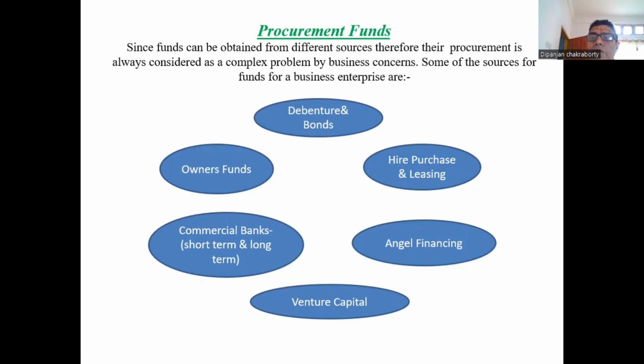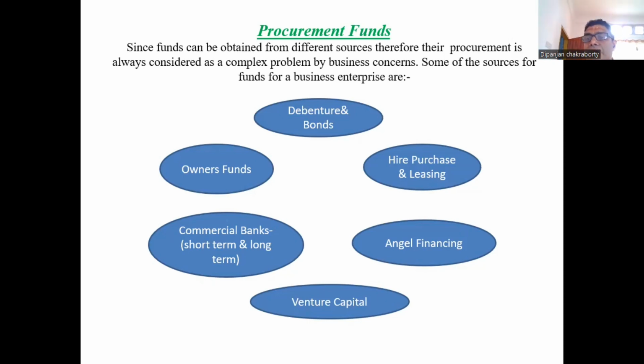In return, they take some percentage of the business, that is, 20 to 30% of equity.